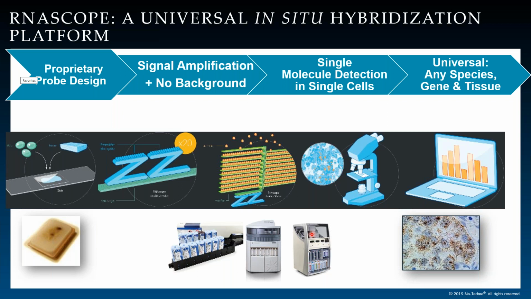For those of you who are not familiar with this assay, it's an in situ hybridization platform that was designed to overcome some of the traditional limitations of an ISH assay while still providing really high sensitivity and specificity of detection, while overcoming some of the traditional limitations like background and signal amplification.